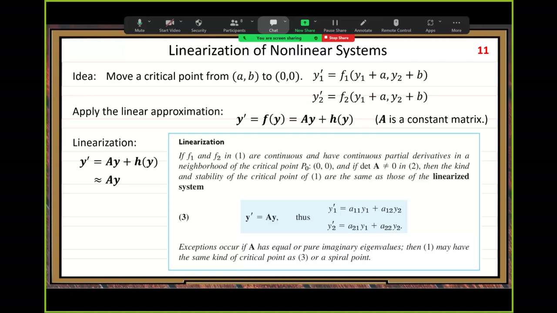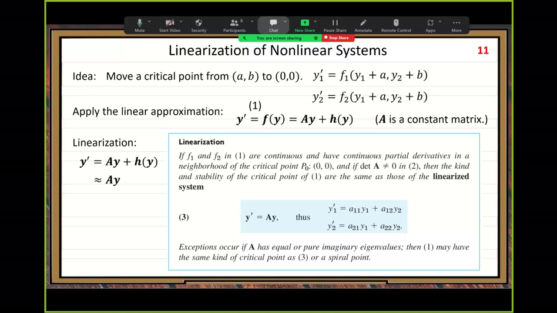The critical sentence is: if we do linearization like this, equation 1, the original equation, may have the same kind of critical point as equation 3. There are 5 different types of critical points.